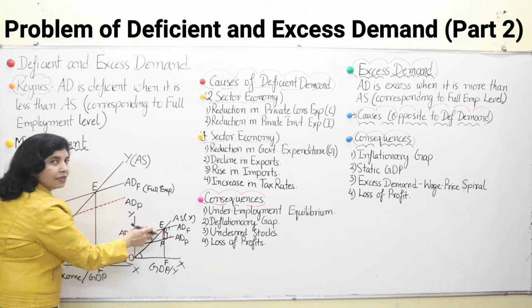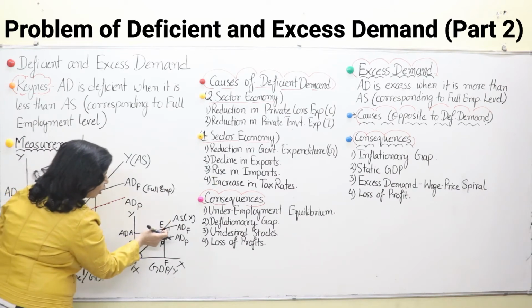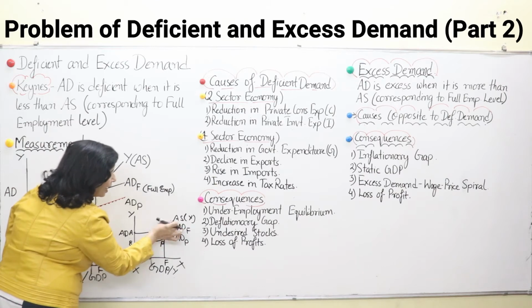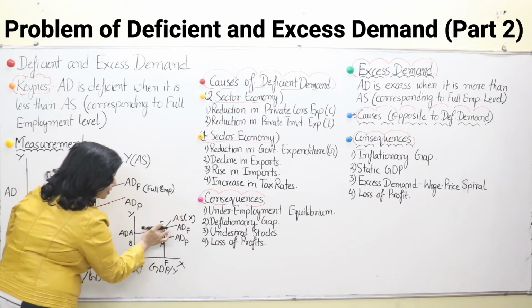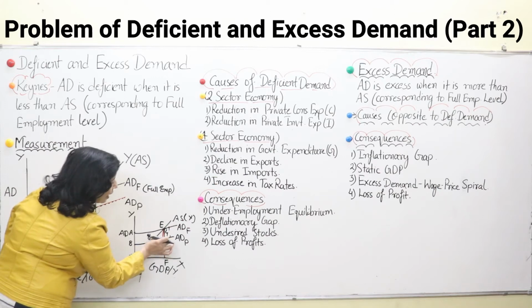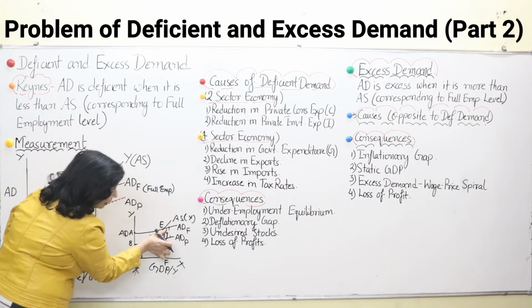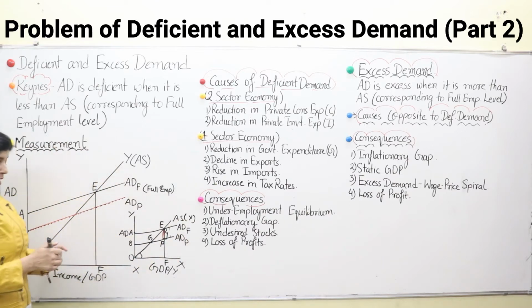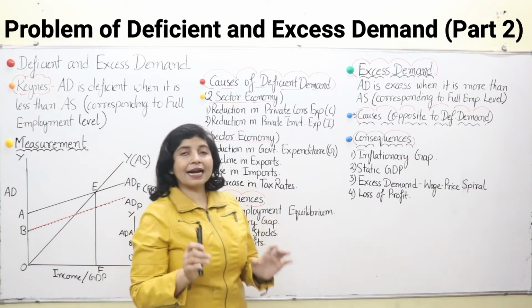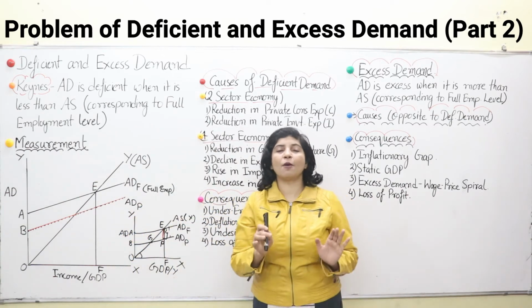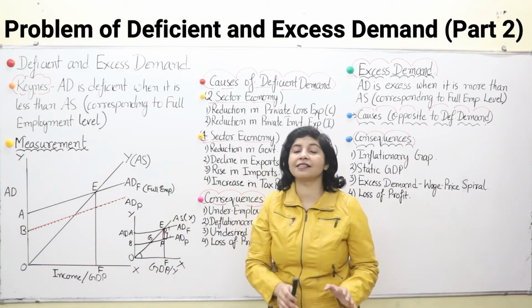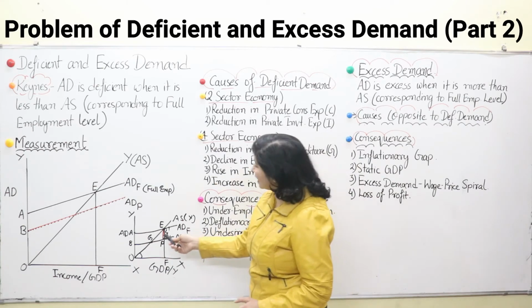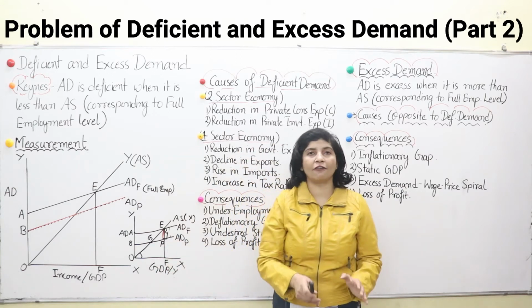This distance between aggregate demand at the full employment level, which corresponds to aggregate supply at the full employment level, is the gap between planned aggregate demand and full employment aggregate demand. Whenever planned aggregate demand is less than full employment level aggregate demand, there is deficiency in demand, and it does not ensure full employment of all the resources.